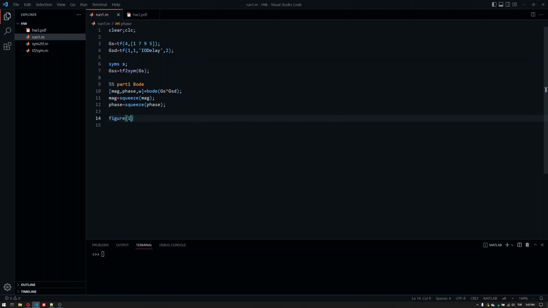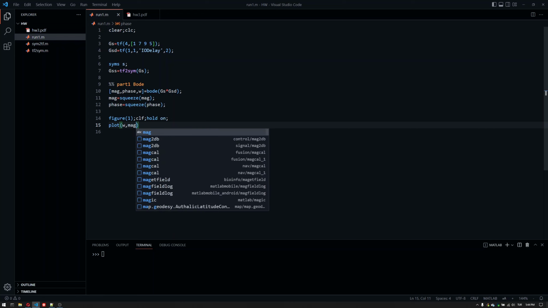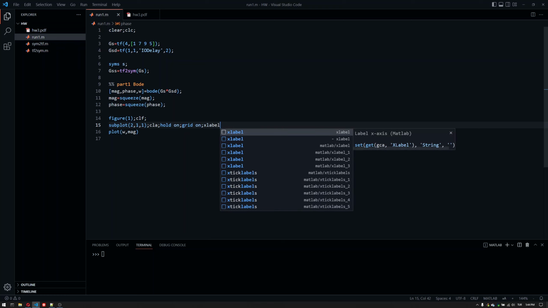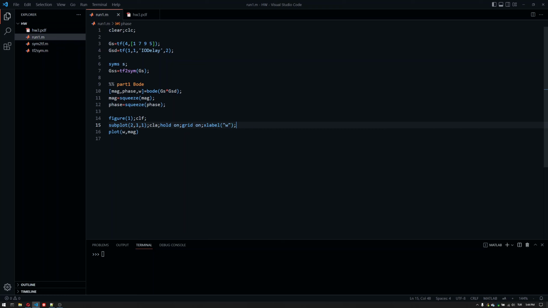So let's create a figure. Let's hold on, and plot omega comma mag. Of course, we need to use subplot here. CLA. Hold on. Grid on. X label would be omega.